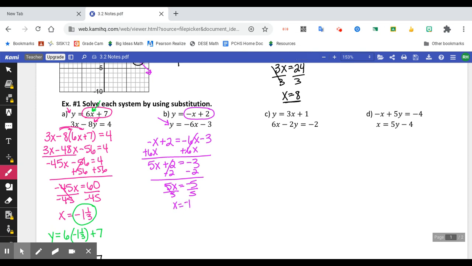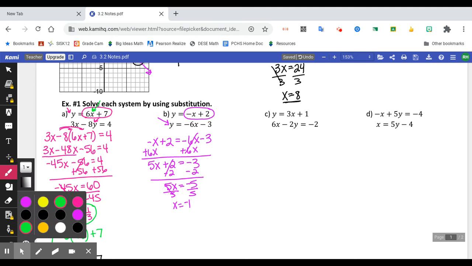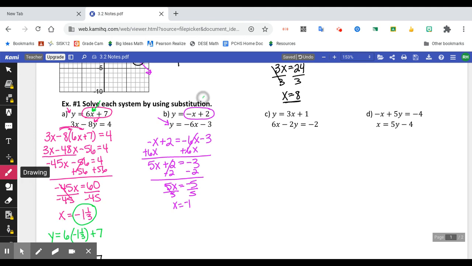So there's my x. Now again, I'm going to take this and plug it back in for the x up here in this equation. It doesn't matter which one you use. You could plug it in the bottom one. No worries on that either. Again, just habit of mind to be able to pick the top one if they're both the same.